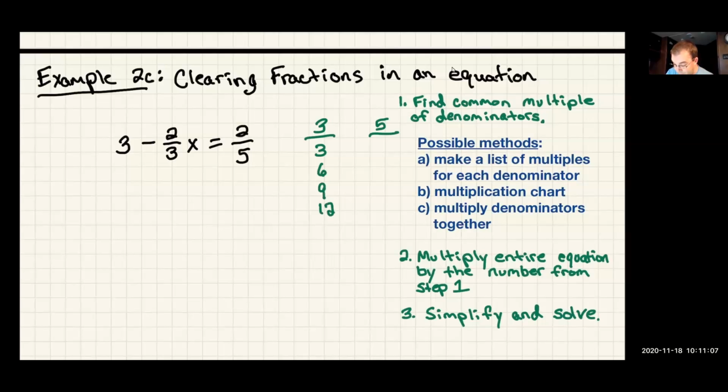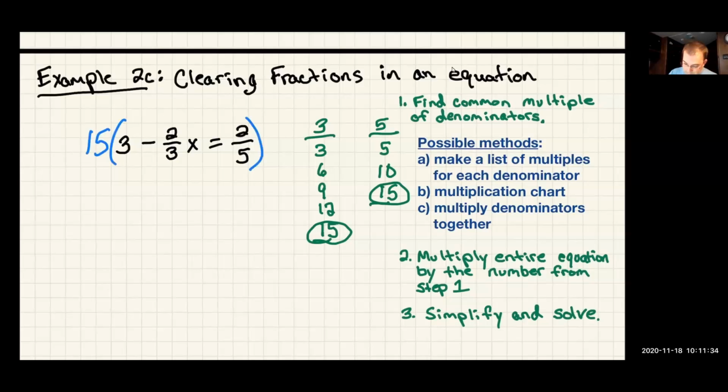And 3 times 5, which is the other number, is 15. So 5 times 1 would have been 5. 5 times 2 is 10. And 5 times 3 is 15. So we see that this is the first number that is common, meaning shared by a multiple that is shared by both 3 and 5. All right, so that means we're multiplying this whole equation by 15.